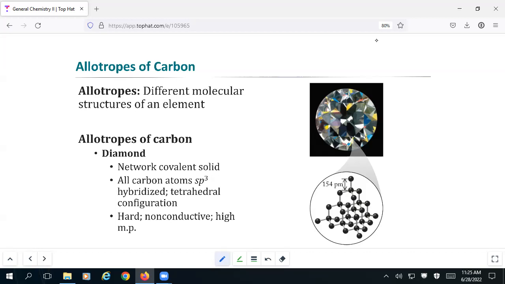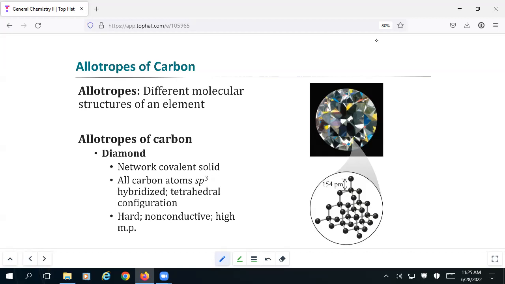And so what we look at in diamond is we see this repeating pattern inside of the diamond of each carbon atom being bonded to 4 other carbon atoms. And since we have that, what we have in diamond is a large series of tetrahedral carbons all bonded together.